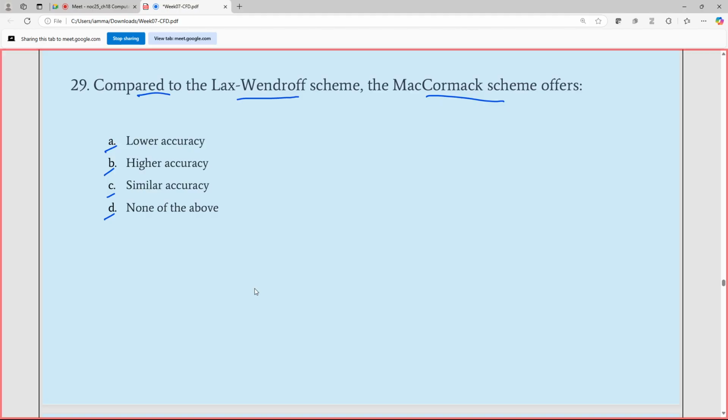Answer is option B, higher accuracy. The McCormack scheme offers higher accuracy when compared to the Lax-Wendroff scheme.